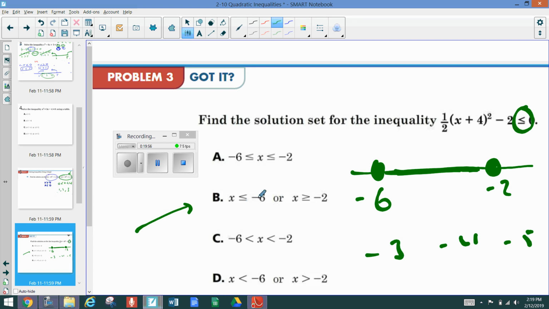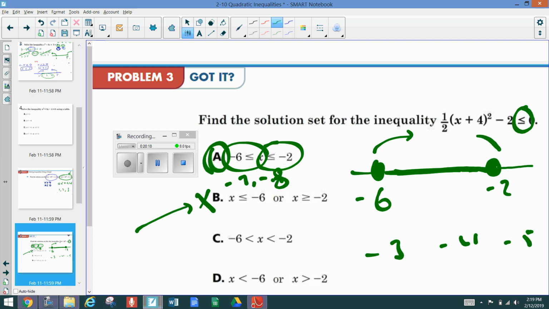Less than means negative 7, negative 8, those are less than negative 6, so this is not right. A. Is A right? For example, x is less than negative 2, right? And then x is greater than negative 6. Less than negative 2, greater than negative 6. A is correct.